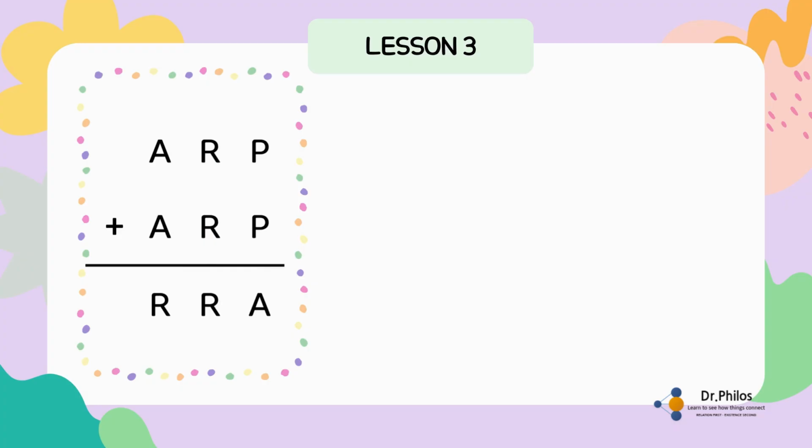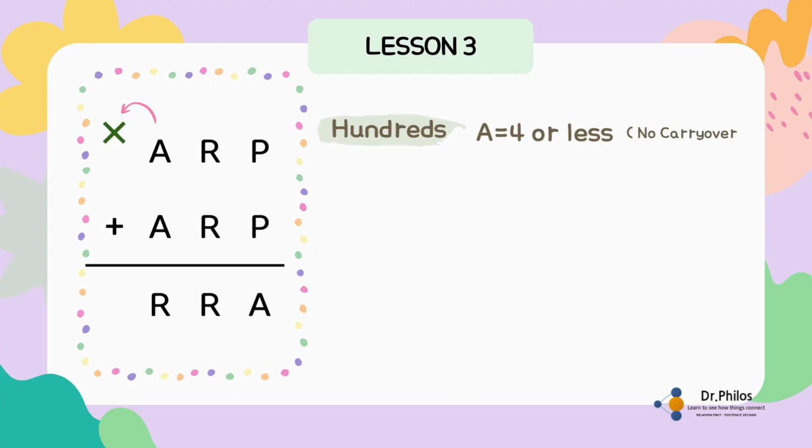Let's summarize. Starting from the hundreds place, A is 4 or less, because there is no carryover from the hundreds place. The tens place. R is 9, because one R becomes the whole R, and the other R must be carried over to the hundreds place.